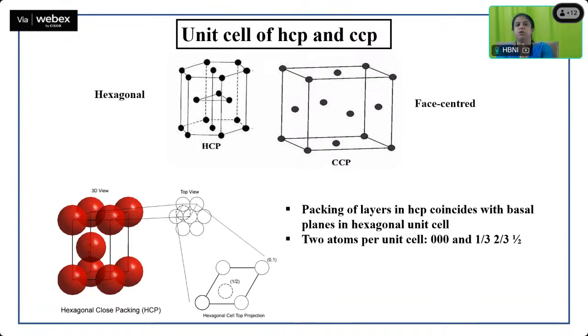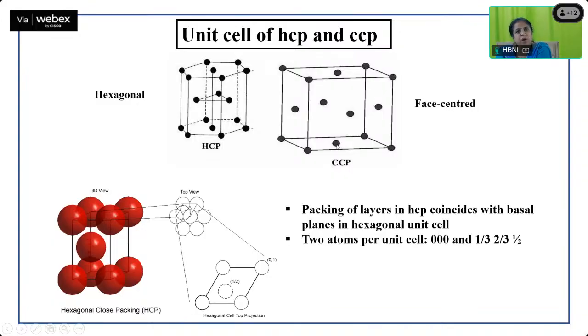Okay. Now I want you to think about it. Why didn't you ask me what will happen to the remaining 3 lattice points? Now see, we said 0 means the 0 of your A axis, B axis, or C axis.